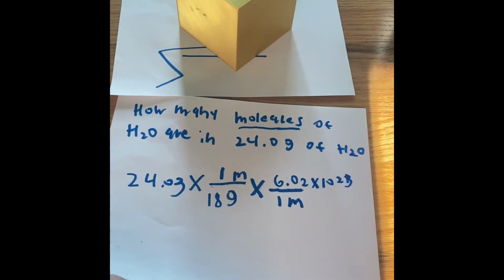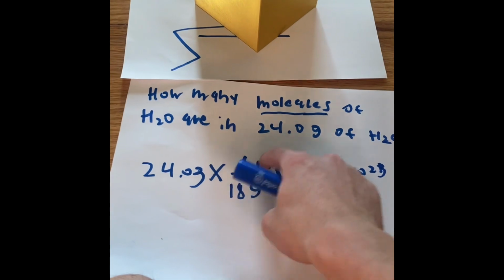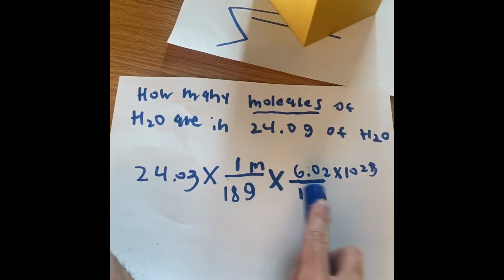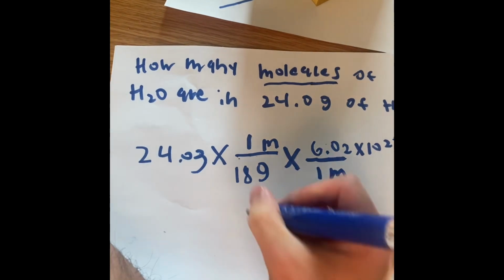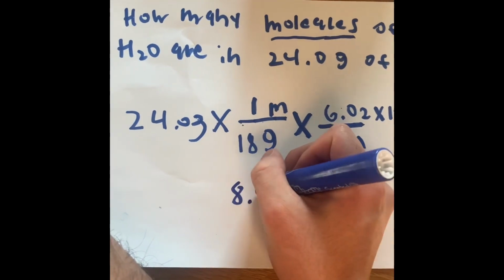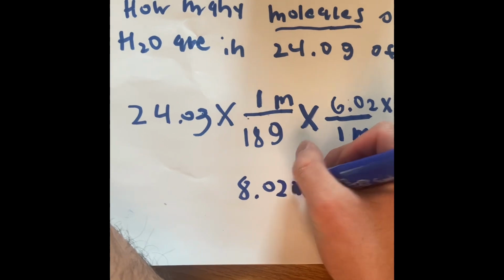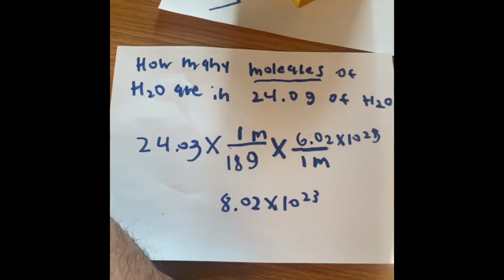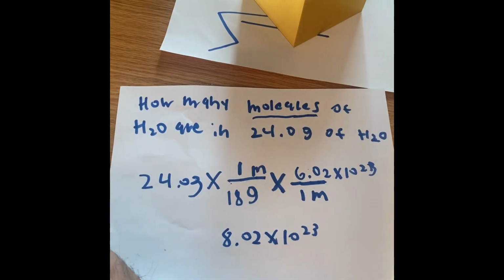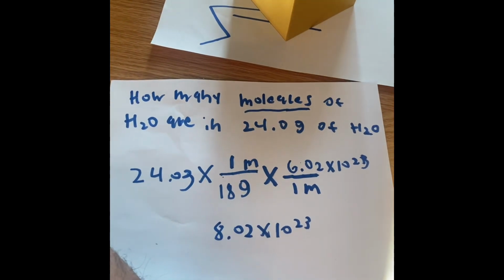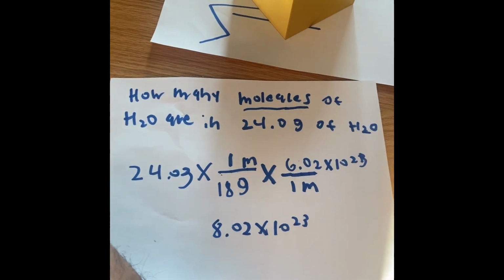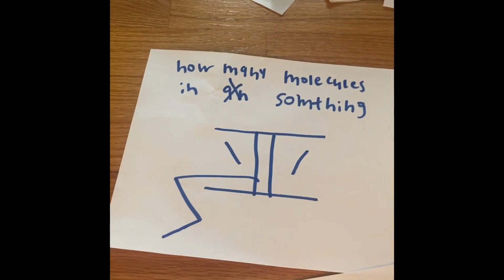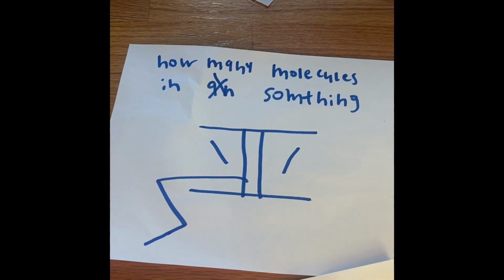When you multiply these and divide by that, you get an answer of 8.02 times 10 to the 23rd power. That is the number of molecules present if you have 24 grams of water. That is how you find out how many molecules of something there are.